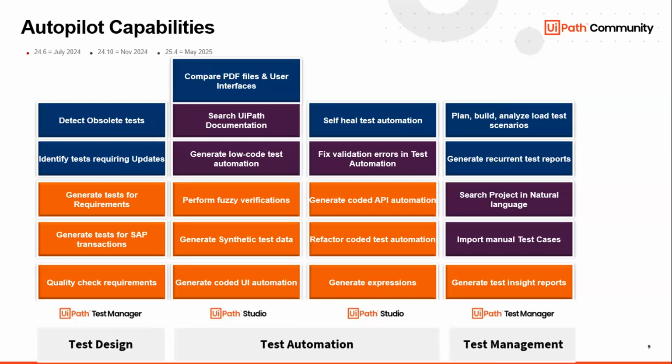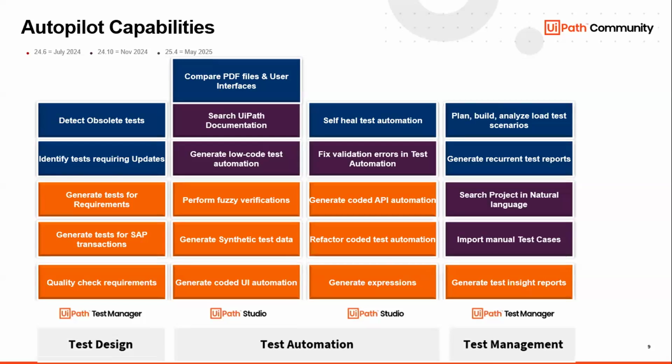That is where perform fuzzy verification comes into the picture. It uses GenAI capabilities to understand the emotions behind that message, and based on that it identifies whether the test case has failed or not. Next we have search UiPath documentation, where you can search any details from your project in UiPath Studio. So these are some of the capabilities related to UiPath Studio.